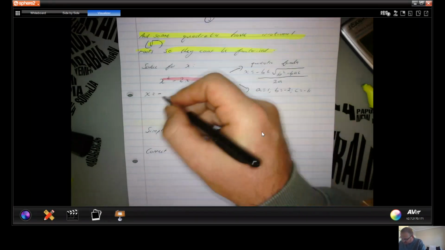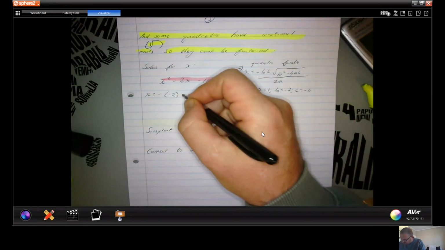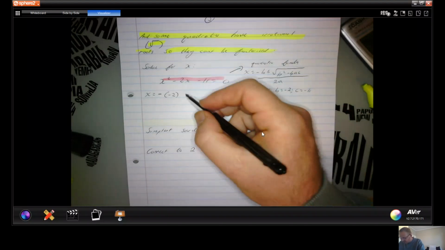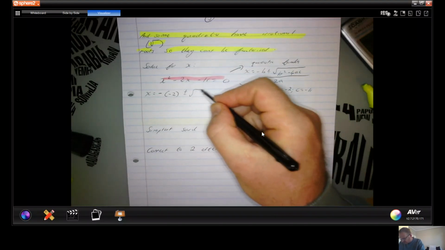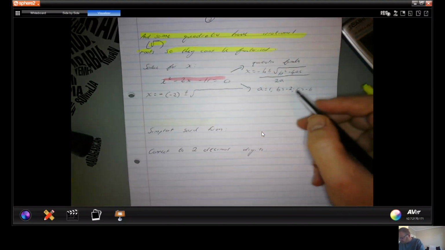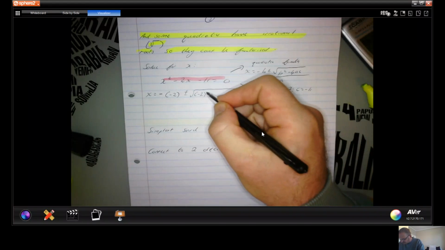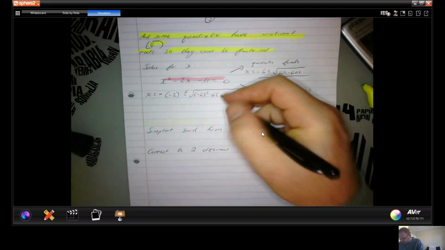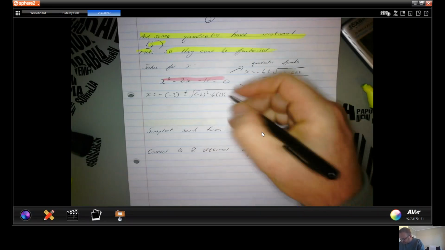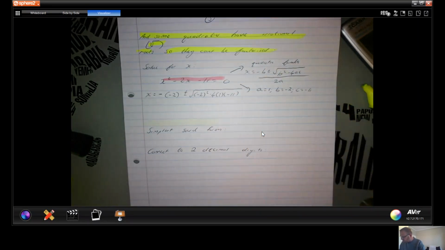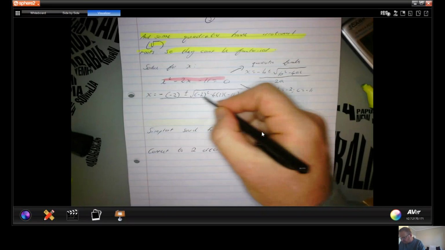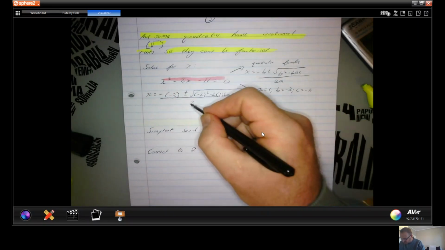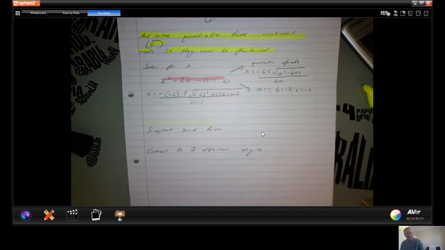Minus b, which is minus minus 2, so that's 2. Plus or minus the square root of b squared, which is (minus 2) squared, minus 4 times a, which is 1, times c, which is minus 11, all over 2 times a, which is 2 times 1.